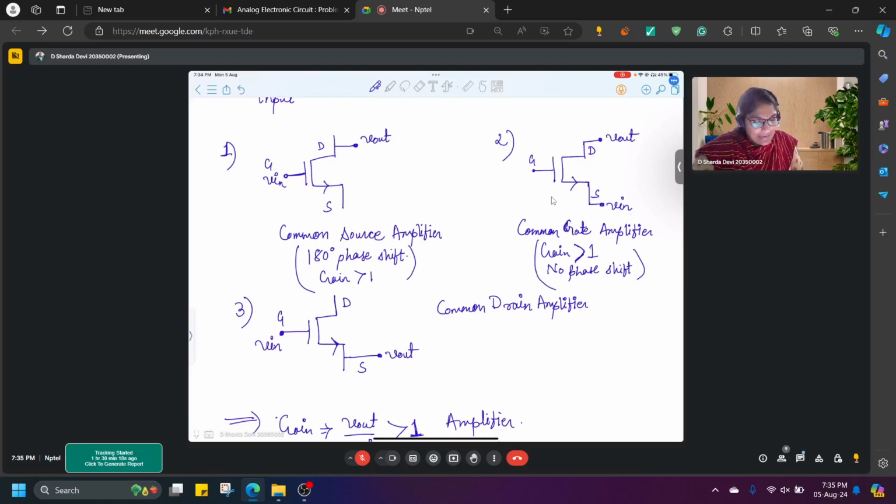And common drain is not actually an amplifier, rather it is an attenuator. Please keep this in mind. Gain is always less than 1. Maximum you can obtain is gain equal to 1 in this particular case of common drain amplifiers. But practically speaking, gain is always less than 1. Am I clear? So these are the two principal properties of these configurations.